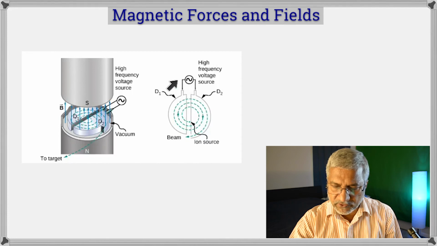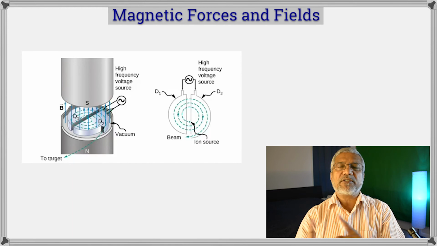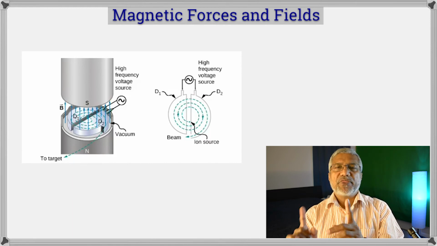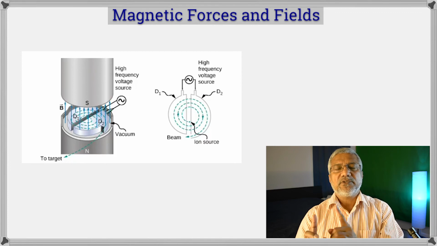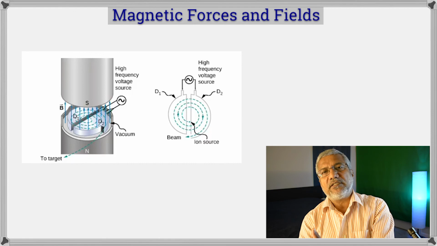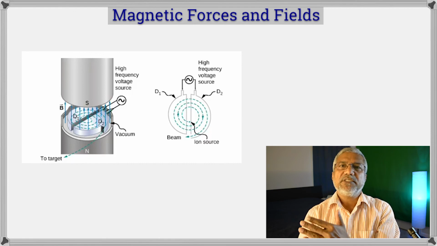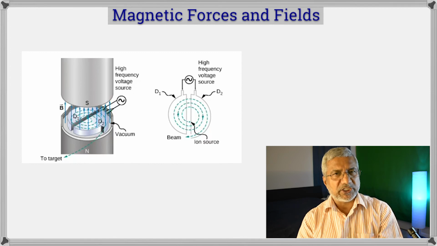And an alternating field is given to the Ds. What do you mean by alternating field? That means they make the Ds positive and negative. At one time D1 would be positive, next half a cycle D2 would be positive, and that keeps repeating. That's why it's called alternating potential.